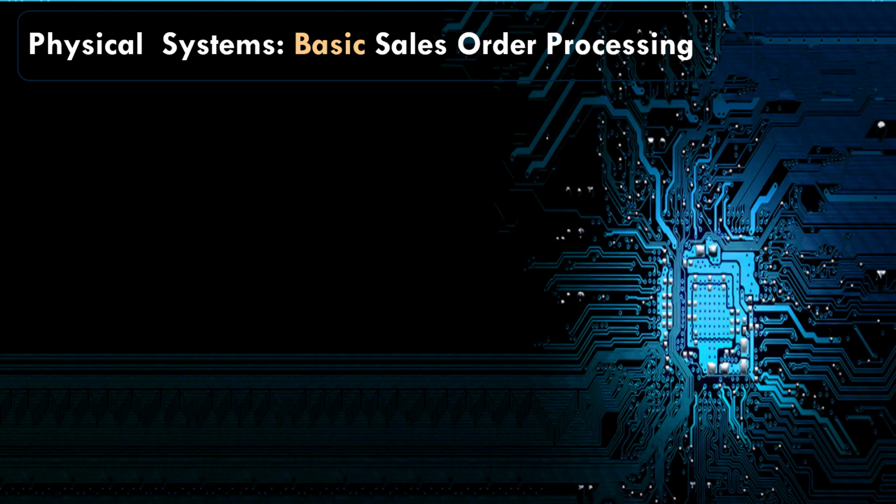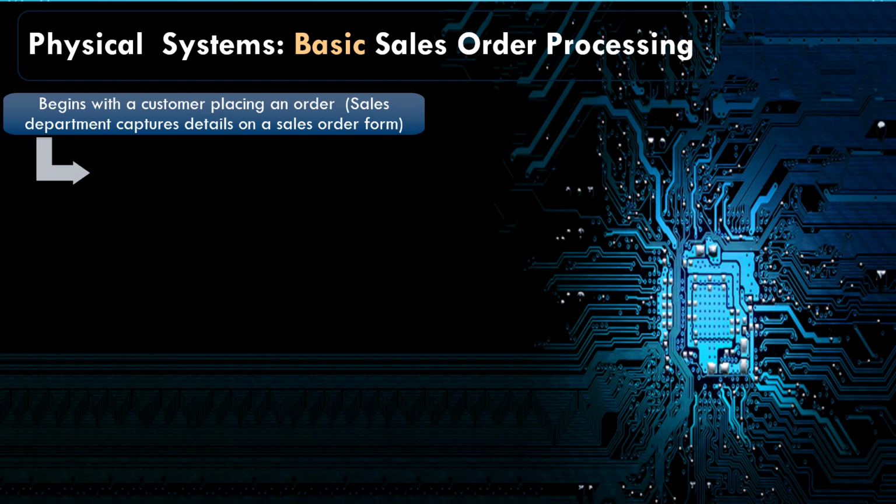So the physical system, or the basic sales order processing, begins when the customer places an order, and the sales department captures the details on a sales order form.